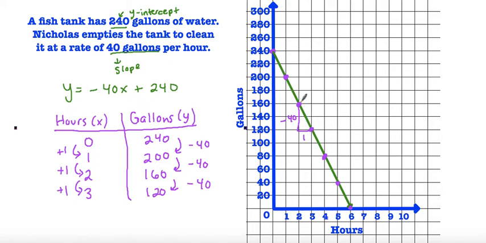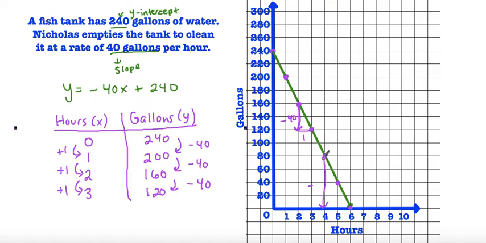So we could also tell because from this coordinate to this coordinate, we're going down. So if we're going down, that means we're decreasing. So again, if I pick two other points, notice we're going down. So that's going to be negative.